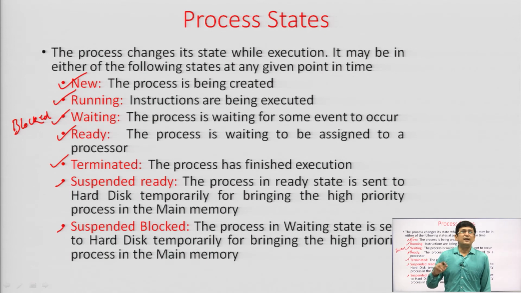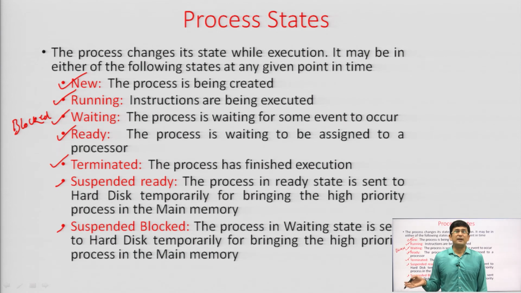Let us say in our system the memory is limited, main memory is limited. So, we can bring only a limited number of processes in the system. When a high priority process is required to be executed, we will be sending out some of the processes already running in the system.